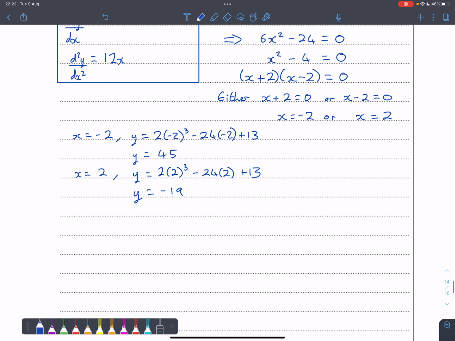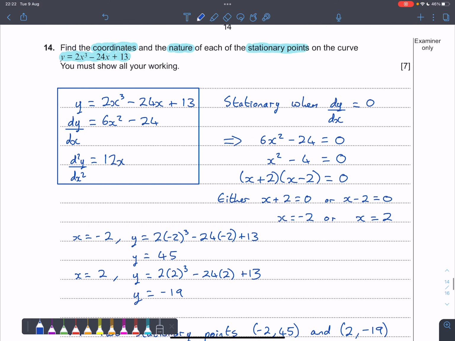So I have two stationary points: negative 2, 45, and 2, negative 19.